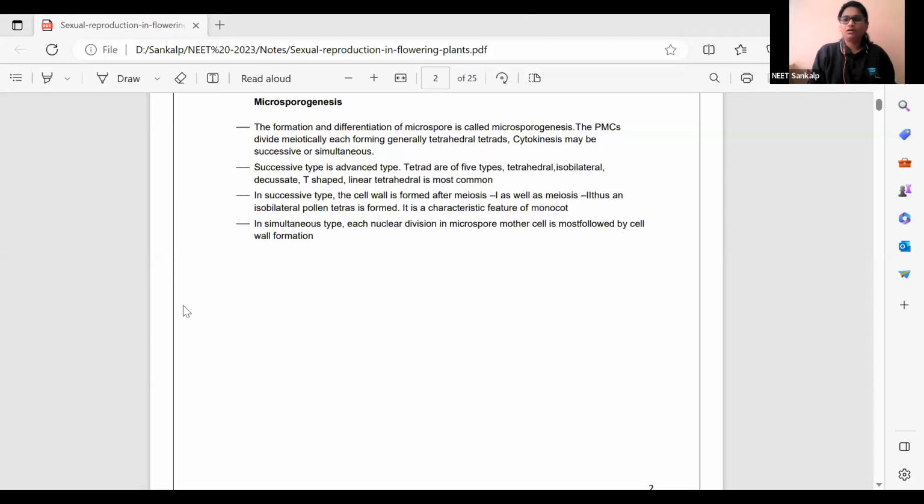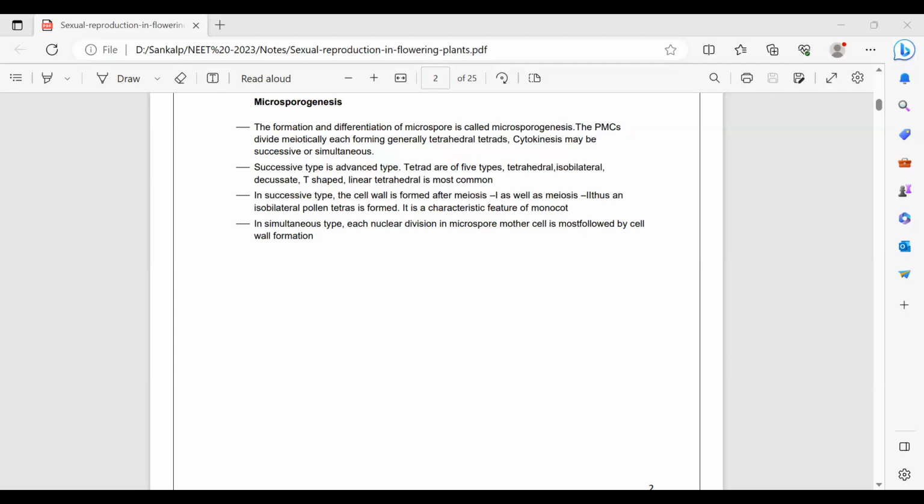Priyanka, can you read microsporogenesis? Microsporogenesis, the formation or differentiation of microspores, is called microsporogenesis. The pollen mother cell divides meiotically, each forming generally tetrahedral structures. Cytoplasm division may be successive or simultaneous. Successive type is advanced type.